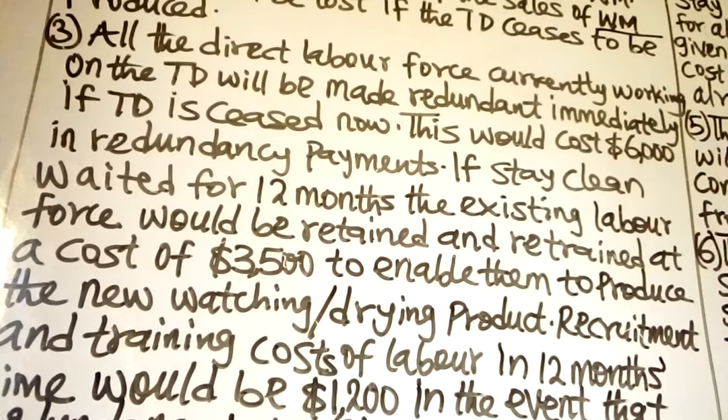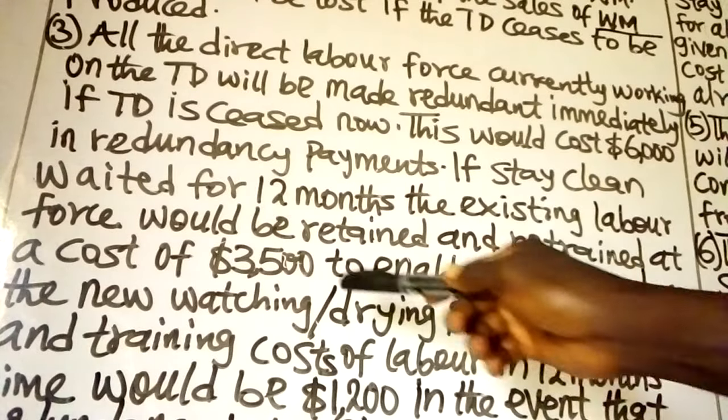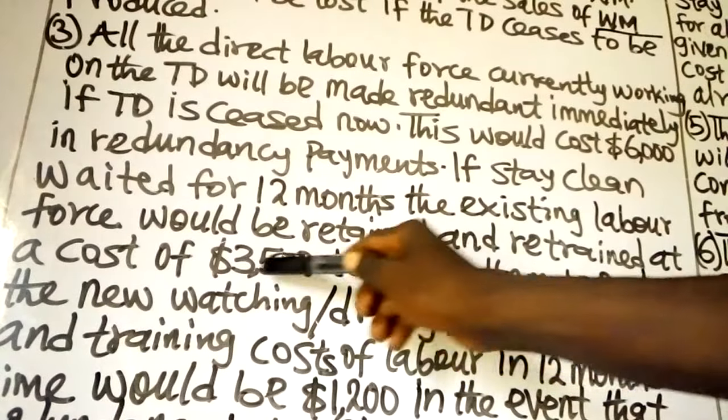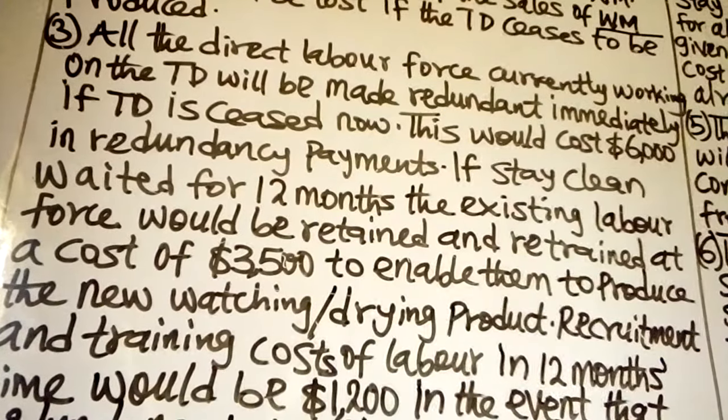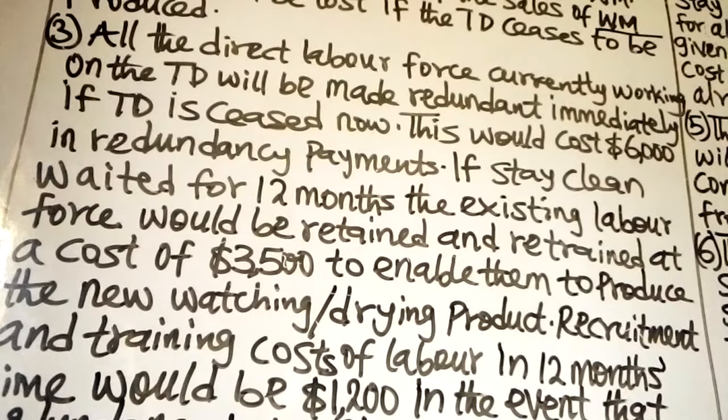Now, the opportunity cost of the production now: if you want to continue, then you have to retrain the labor force with 3,500, and that is also a relevant cost.